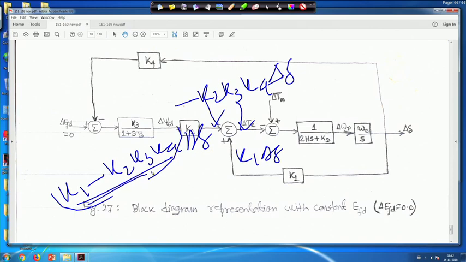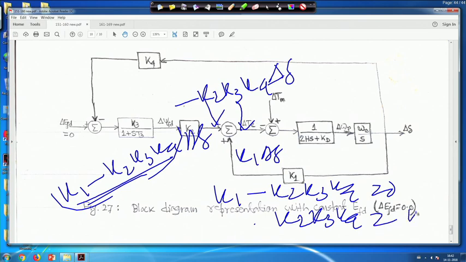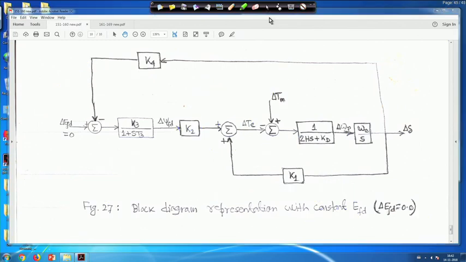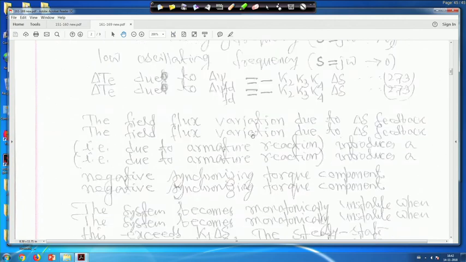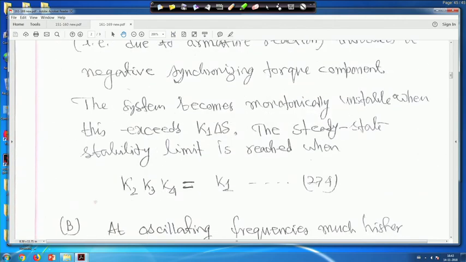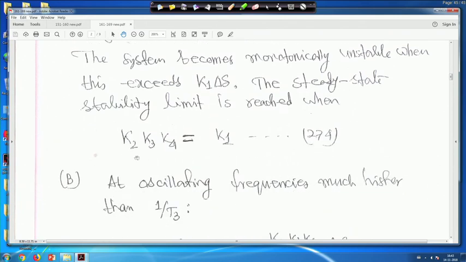Therefore, if K1 minus K2 K3 K4 is equal to 0, then K2 K3 K4 is equal to K1. That is what we are telling when we take s equal to jω and ω tends to 0. That is why the system becomes monotonically unstable when this exceeds K1 Δδ. The steady state stability limit is reached if we make K2 K3 K4 equal to K1.